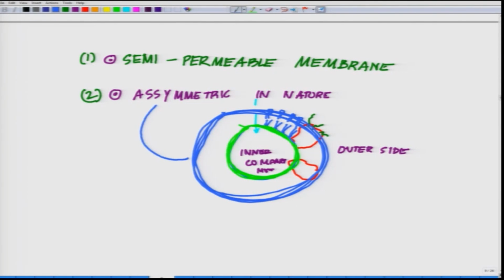So, that offers it an asymmetric existence. This is what we call asymmetry in nature.